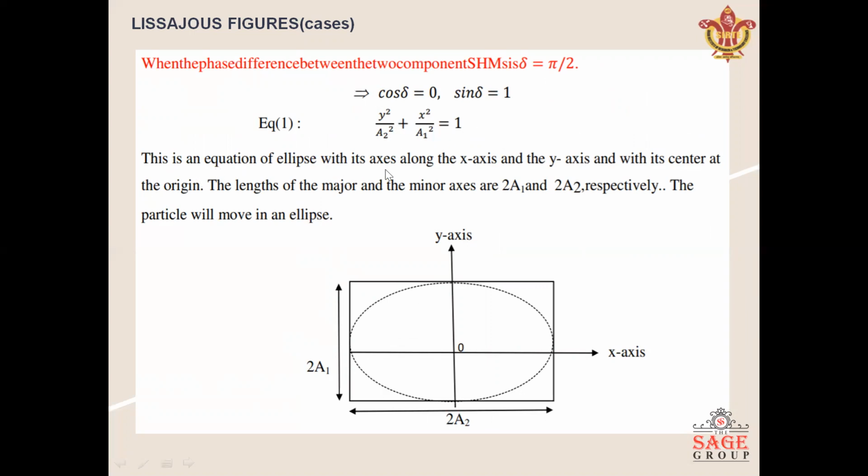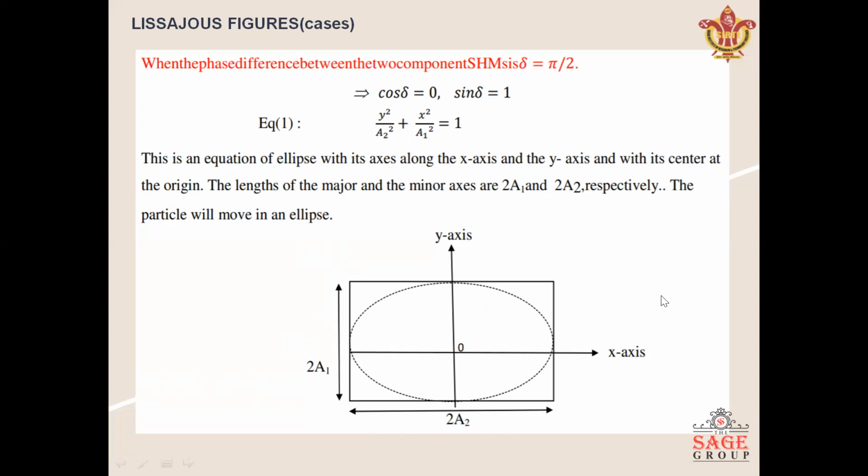So this is an equation of an ellipse with axes along the x-axis and the y-axis and its center at the origin. So this is the ellipse in which the x-axis is the major axis and the y-axis is the minor axis.